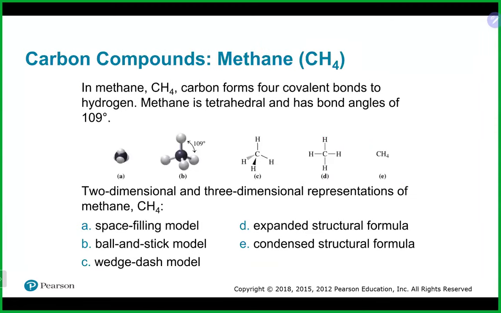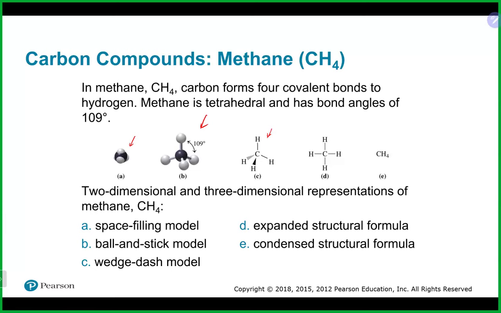So let's talk about some different formulas that you could do. We have the space filled here, big blobs. We have the ball and stick. We have the wedge form here, where the wedge is coming out of the paper, the guy with the dashed line going behind the paper in three-dimensional.